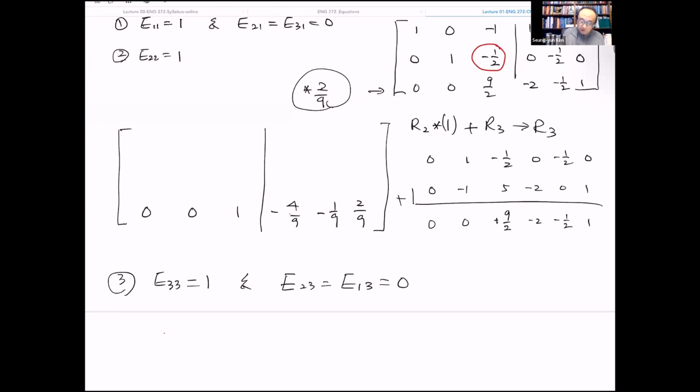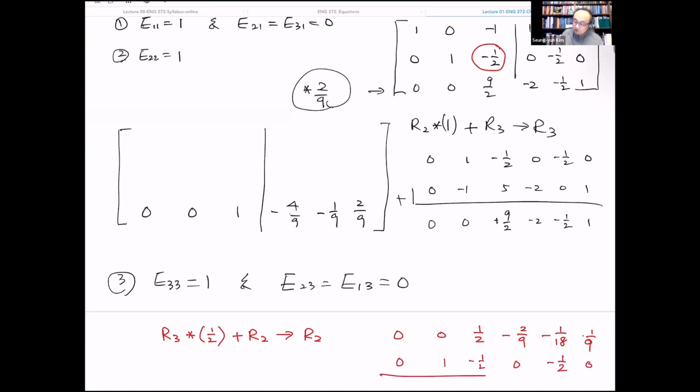So what we need to do is R3 times 1 over 2, and then add R2, put it back to R2. So 0, 0, 1 over 2, -2 over 9, -1 over 18, 1 over 9, and then R2: 0, 1, -1 over 2, 0, -1 over 2, 0.